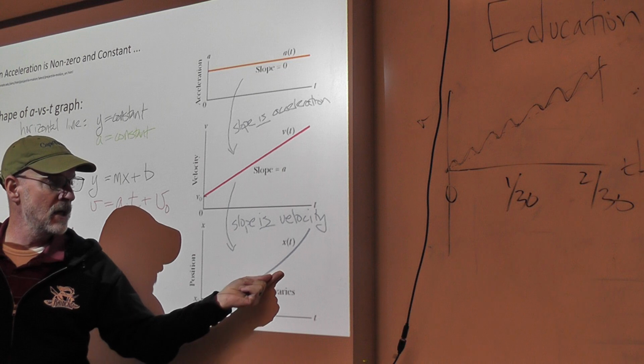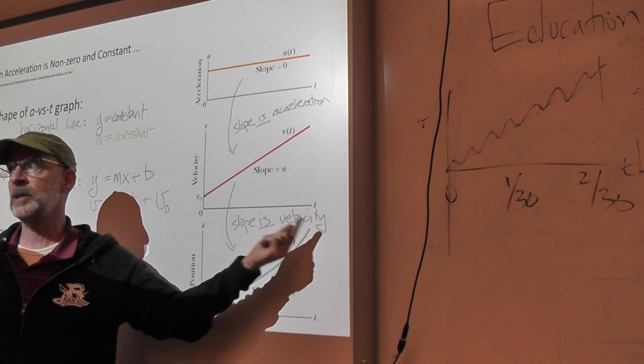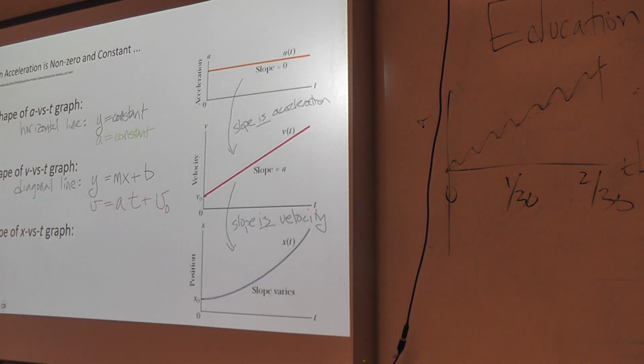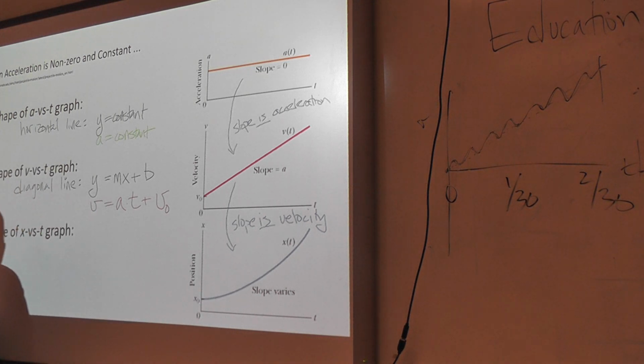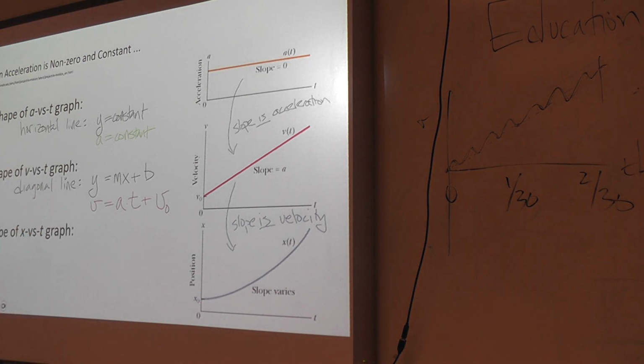The slope of this line is getting steeper and steeper and steeper. And there's math that we can do to work this out, but it turns out that really all we need to know is that this shape will be a parabolic curve, or part of a parabolic curve. And that's if there's non-zero acceleration.